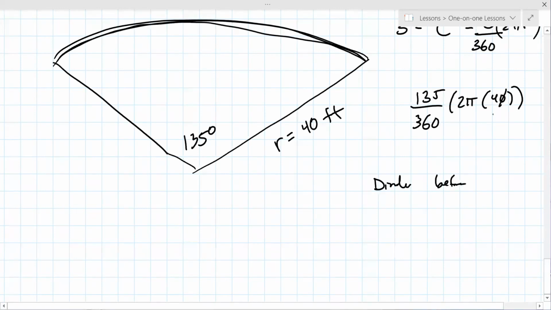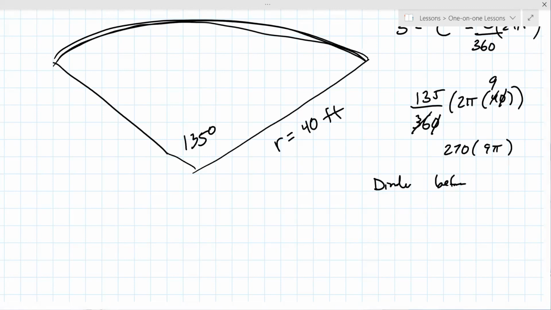For example, that 0 goes with that 0. 4 goes into 36 9 times. Right, like that. So 135 times 2 is 270. 270 times 9, I mean, that's a little more doable, especially if you don't have a calculator.